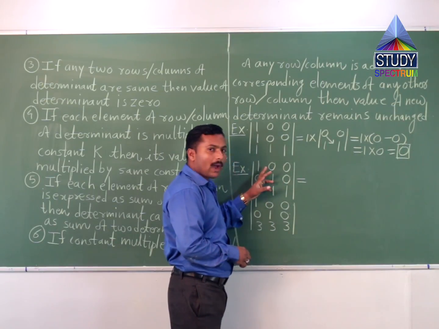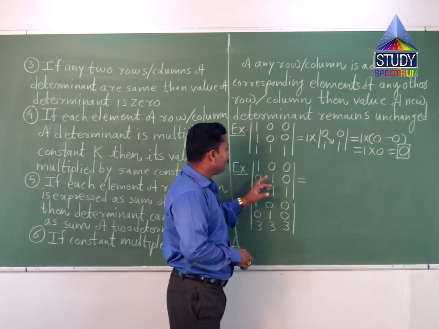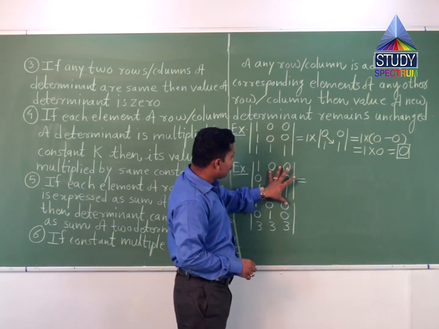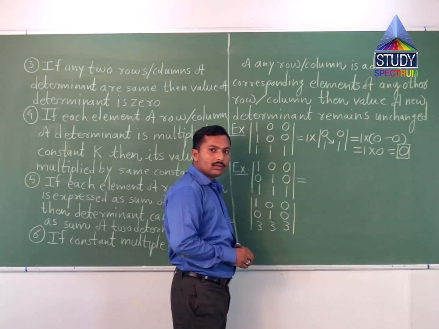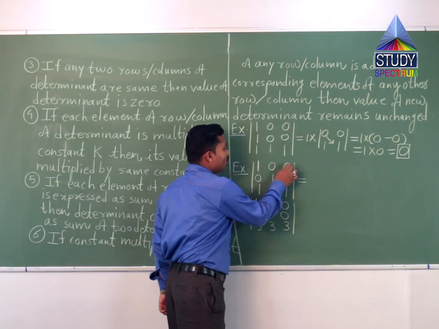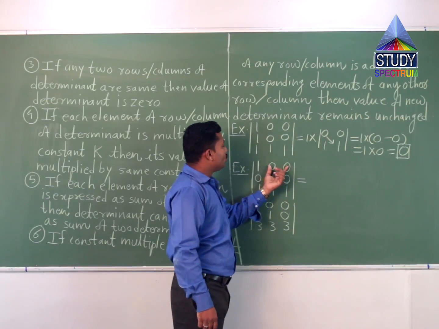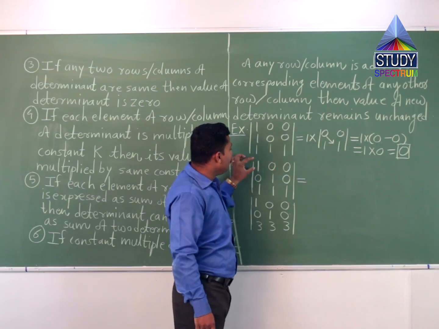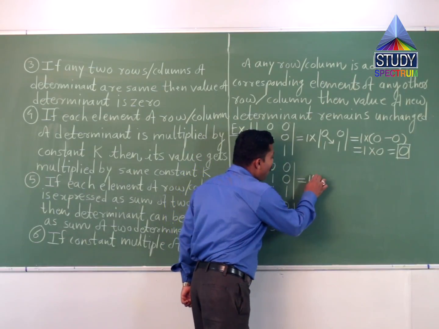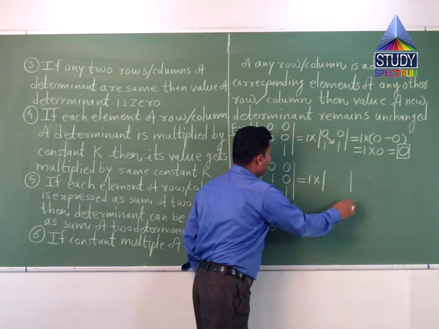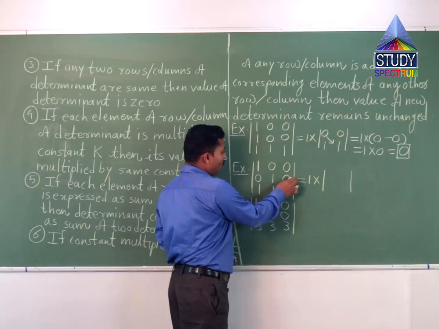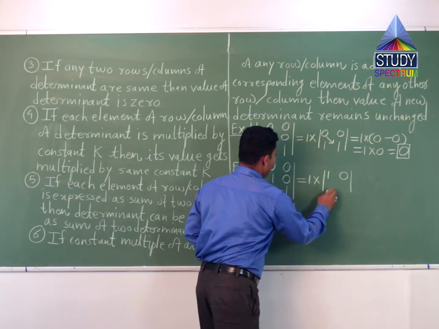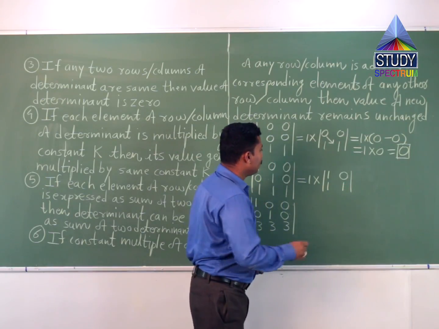We check by finding these 2 values, these 2 determinants. What is the value of this determinant? Here is a 1, here is a 0 0. So 0 into minor, again 0, 0 into minor, again 0. So only the 1 gives the value. So 1 into the minor of this one: 1 0 1 1.